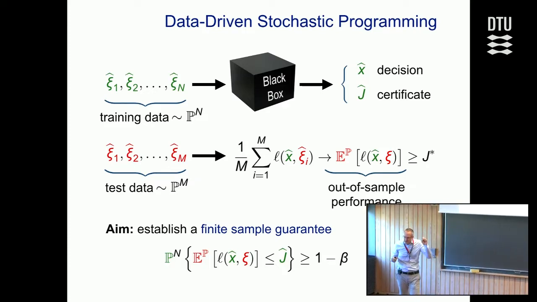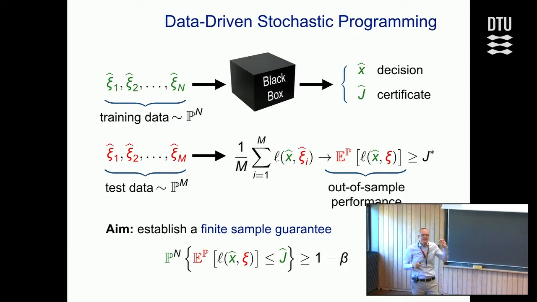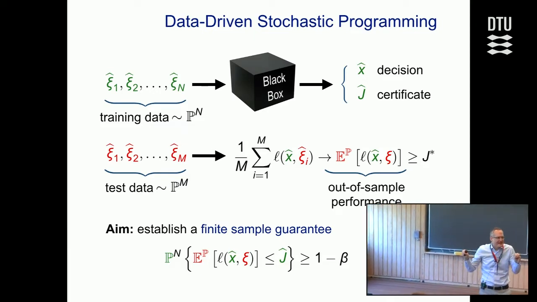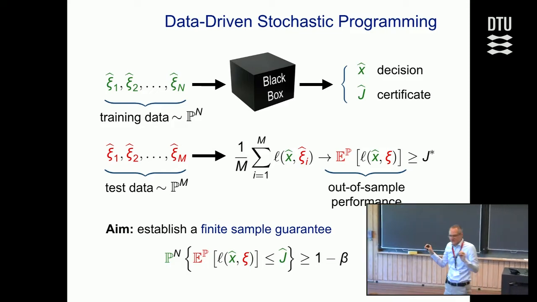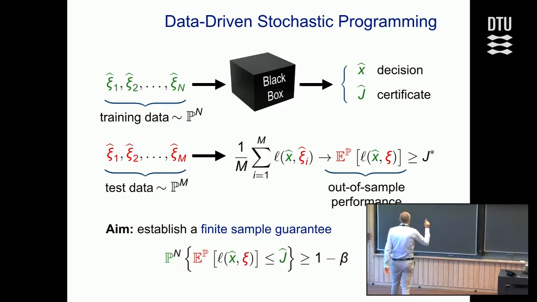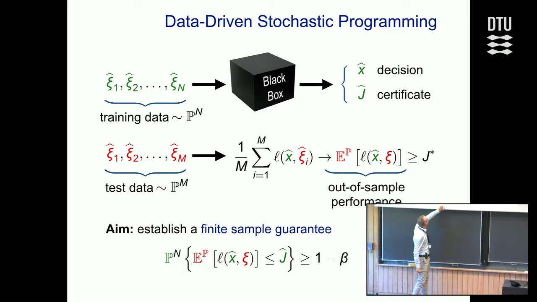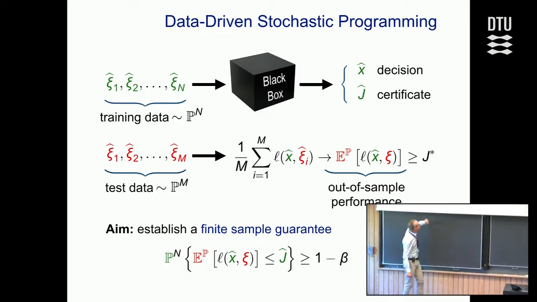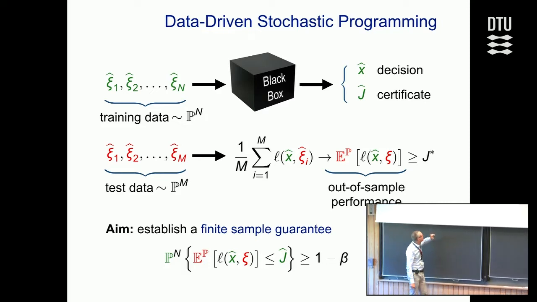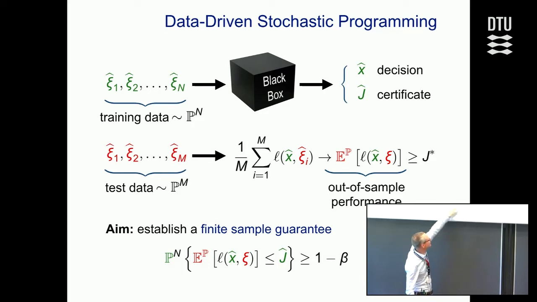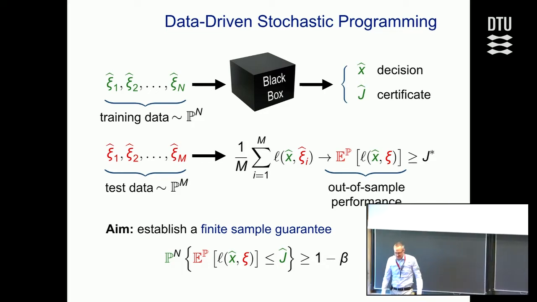That's p to the power n, which is actually the distribution of a sequence of n IID samples. Okay? So important distinction, right? The expectation here is taken with respect to this psi. The probability here is taken with respect to the training samples, which are implicitly in the candidate decision and the certificate. Okay?